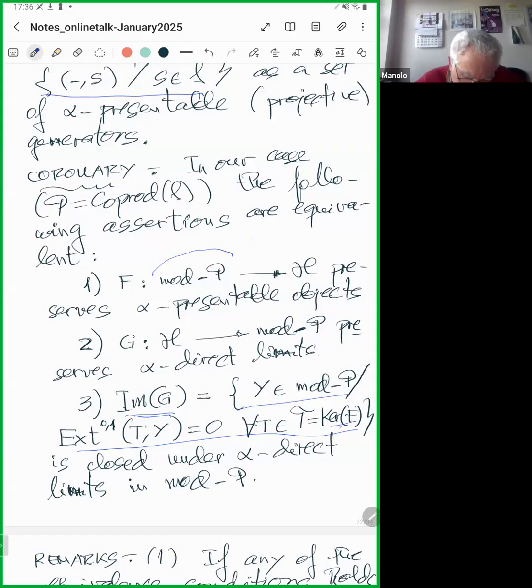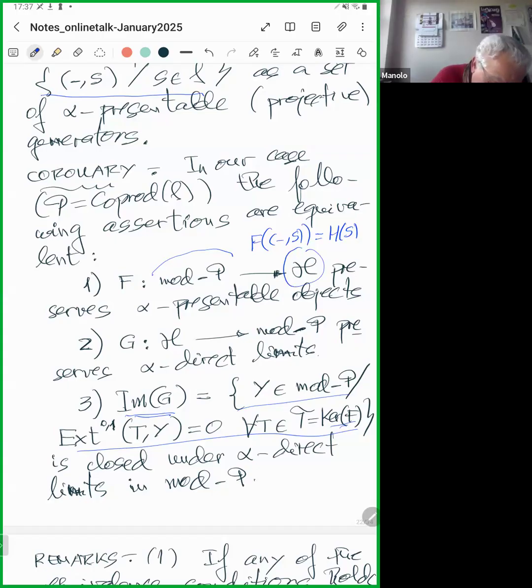Moreover, in my paper with Stovicek, when you apply this to the contravariant functor associated to S, this is exactly H of S. So if you prove that F preserves alpha presentable objects, you immediately have that H of S, of this skeleton that we chose, consists of finitely presented objects, and they generate H. So immediately you get that H is a locally alpha presentable category.